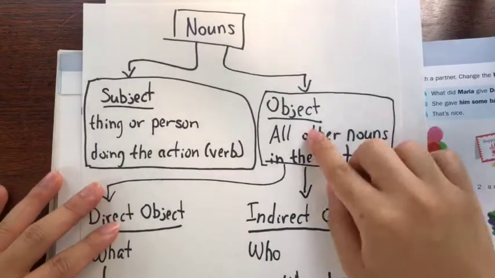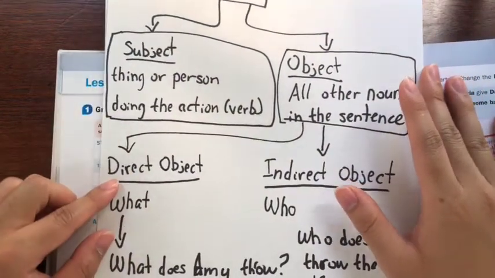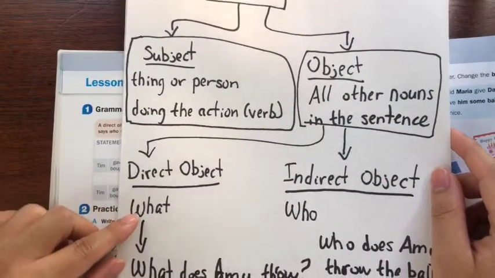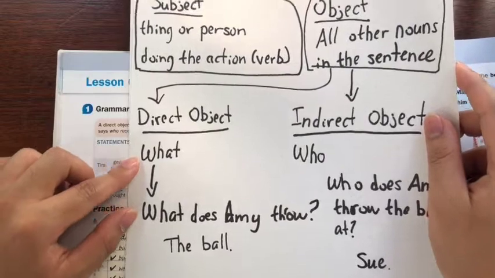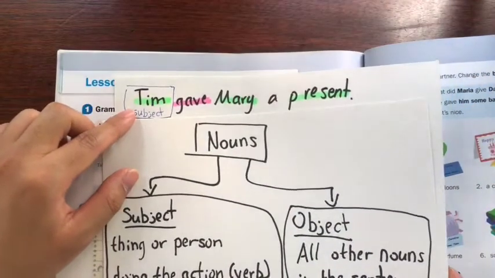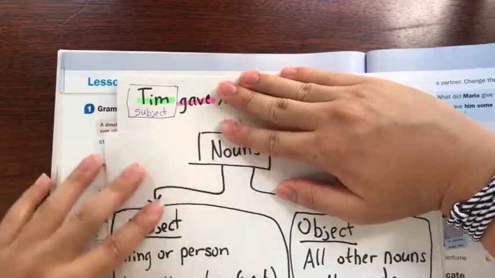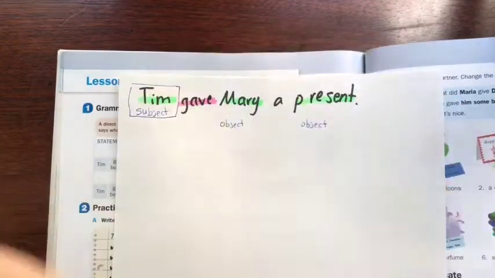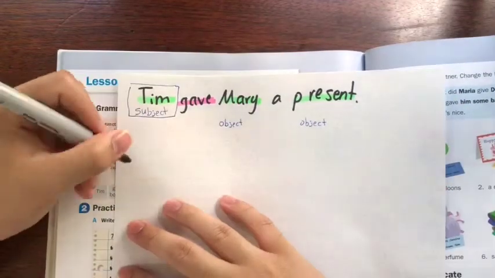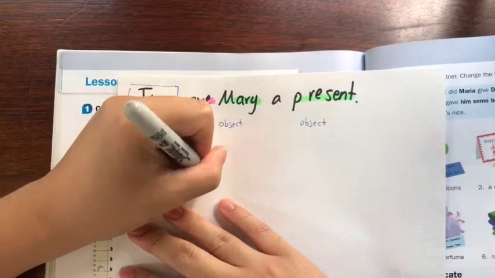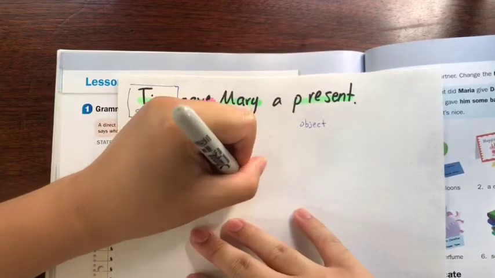So with the objects, we have direct objects and indirect objects. Direct objects answer the question, what? So the question here is, what did Tim give?